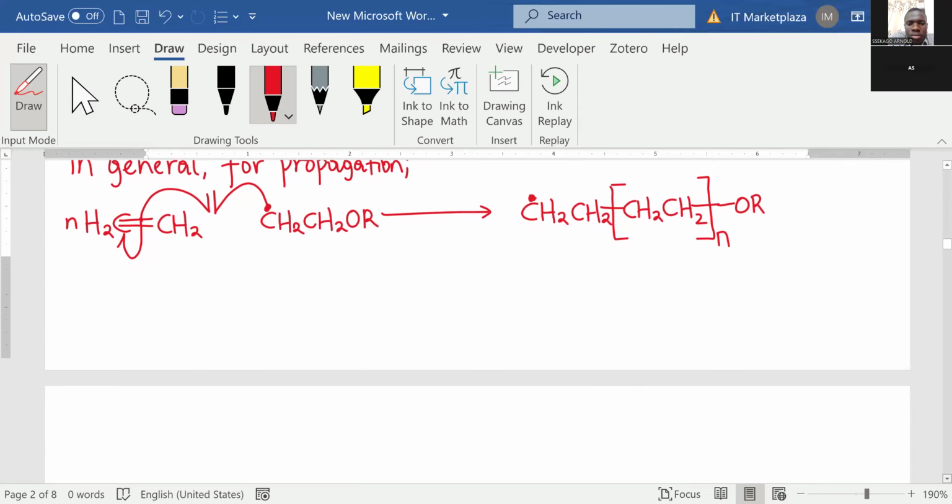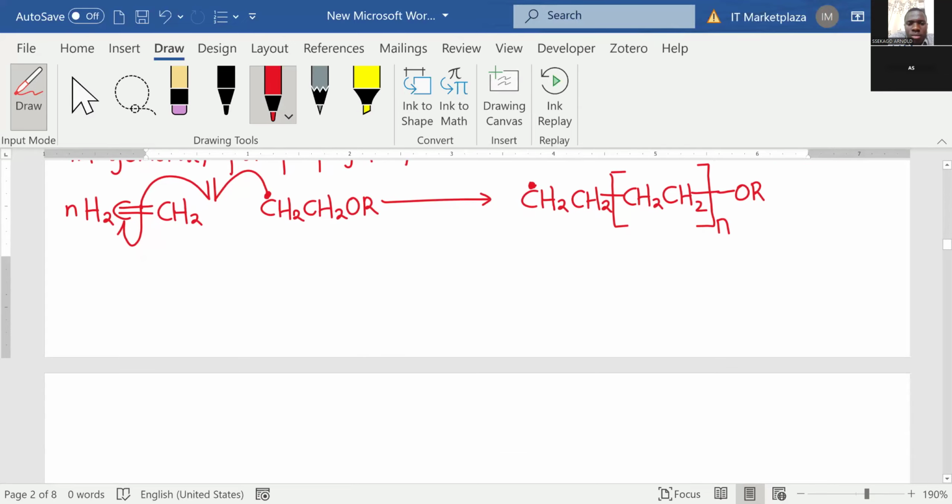Step 3 is the chain termination. Chain termination also has 2 sub-steps. What are they?